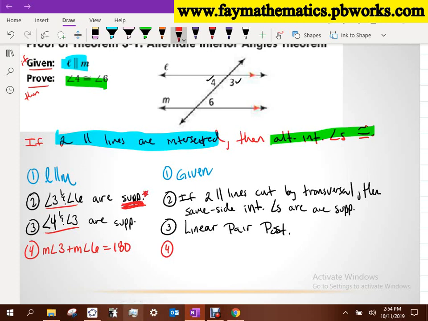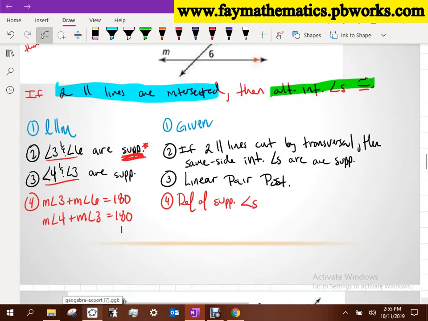We knew what supplementary meant. The definition of supplementary angles. Well, if I wrote that with 3 and 6, because it said they are supplementary, what can I write about 4 and 3? Same thing. Measure of angle 4 plus measure of angle 3 equals 180. It's going to be the same reason, so I'm just going to leave it all in statement number 4 here.